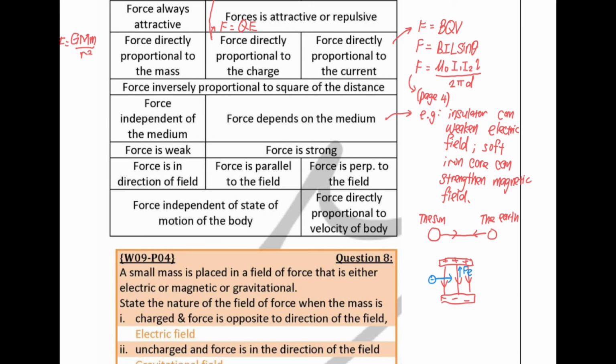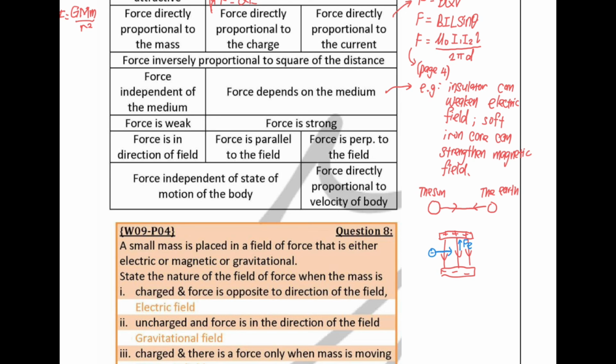So they follow the field. The gravitational force experienced by the sun follows the gravitational field, which is to the right, and the gravitational force on the earth follows the gravitational field, which is to the left. So they attract each other in that way.